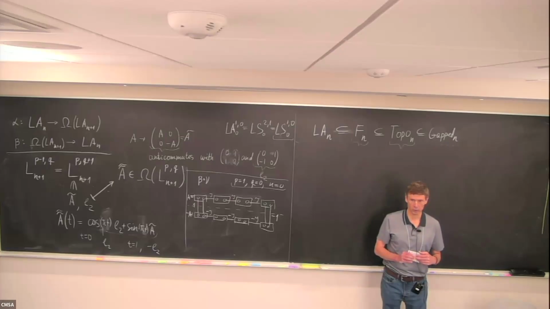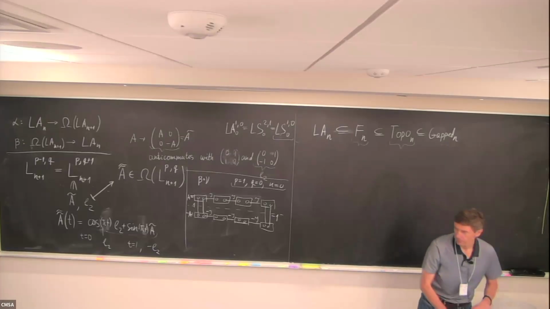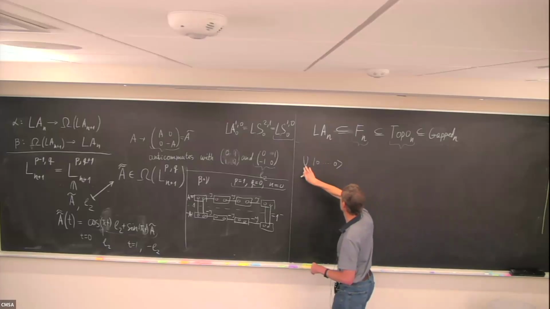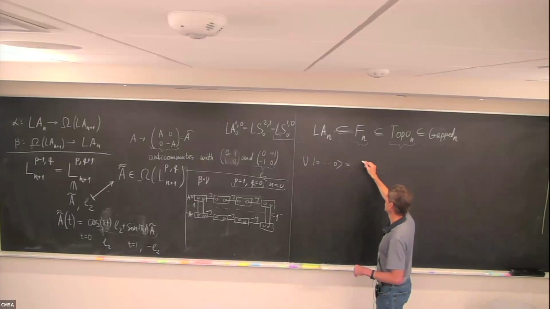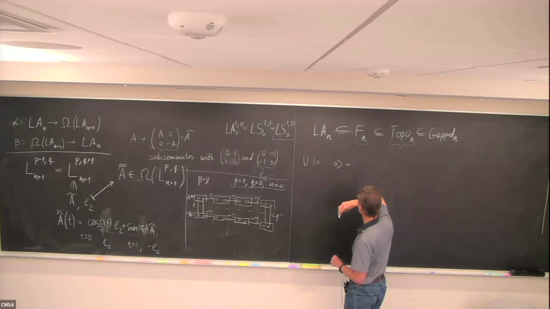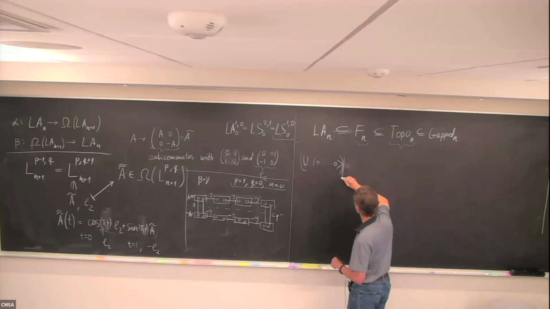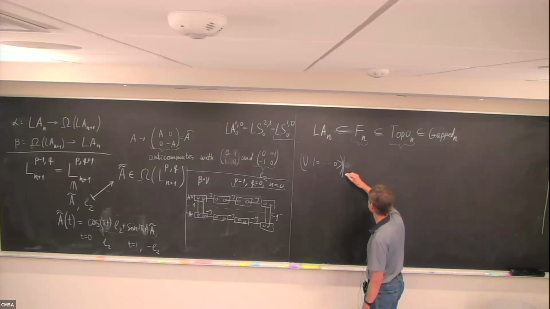There is a local quantum circuit U that takes the product state 0, and now we should discard the boundary or margin.